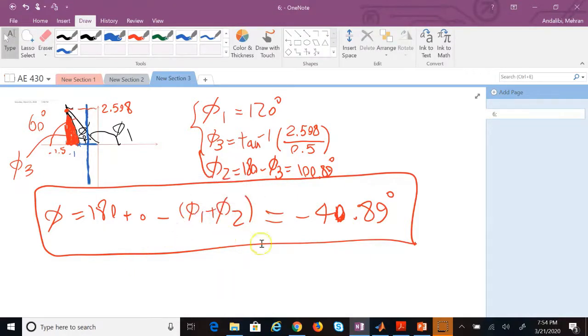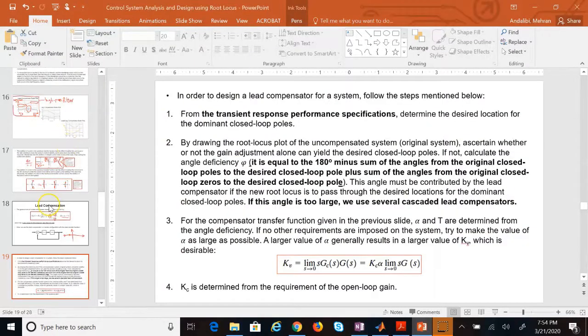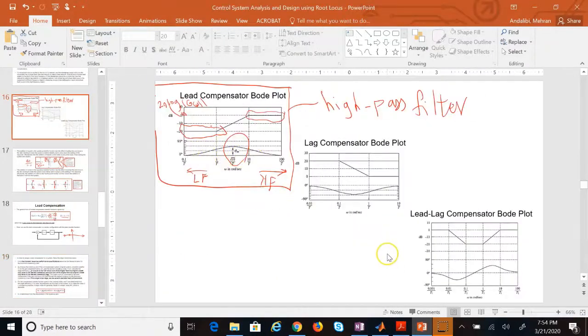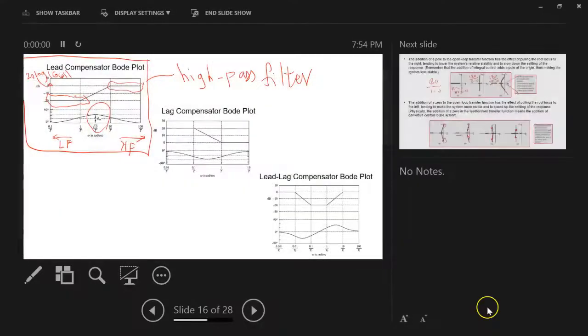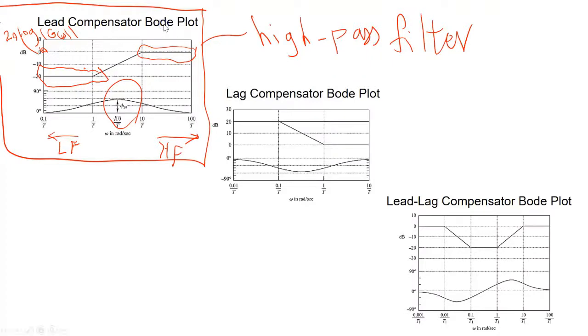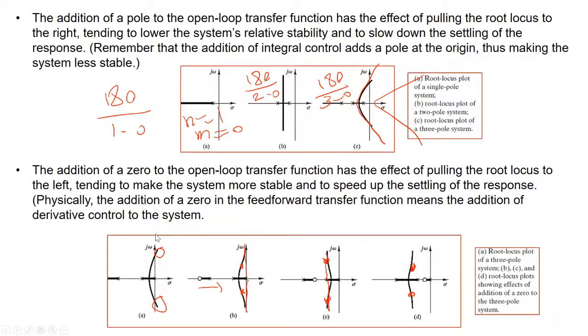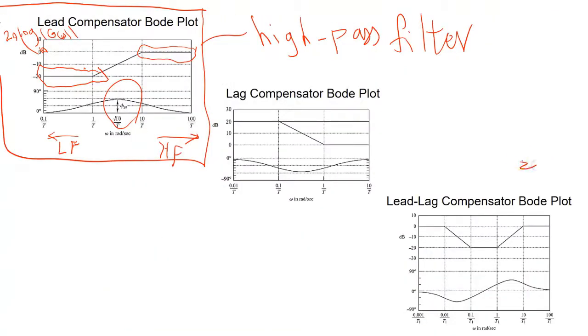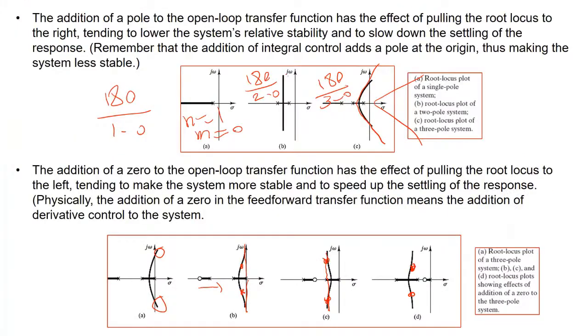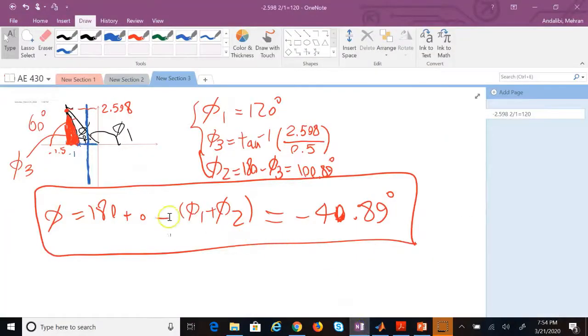So I have to bring this lead compensator to contribute an angle of 40 degrees for me, a positive 40 degrees. Right? So I want that angle to be 40.89 degrees, and that positive will be added to these negatives and make the whole thing back to what? 180 degrees. And you might wonder, where is this 180 coming from?